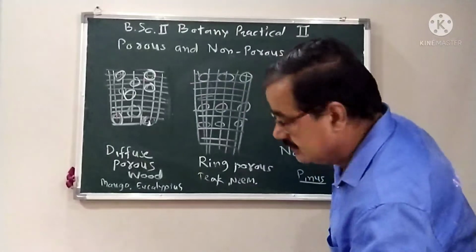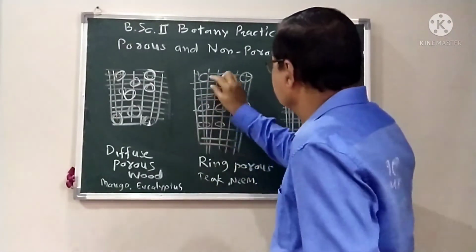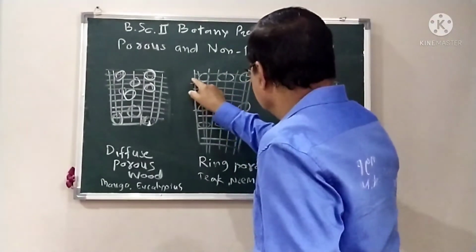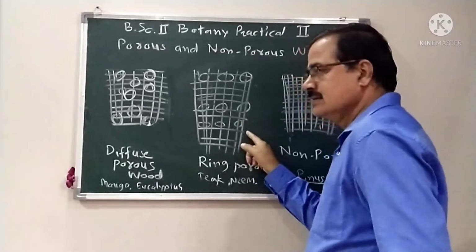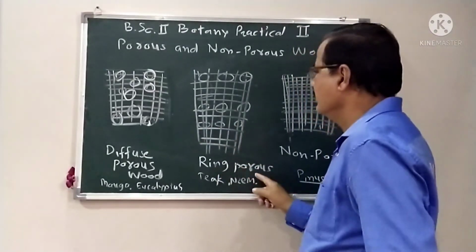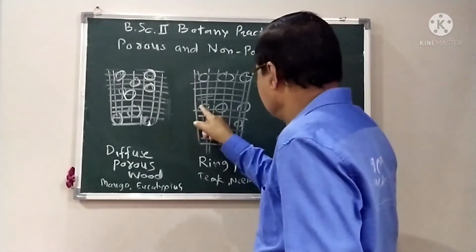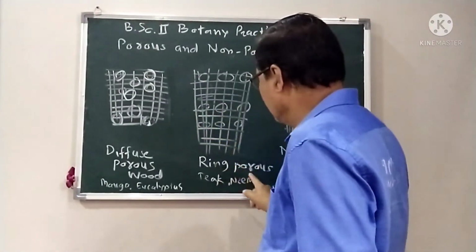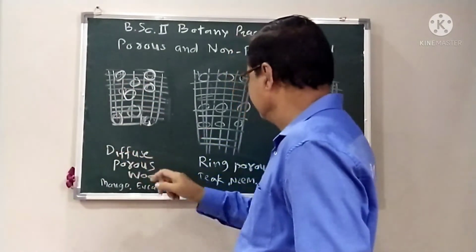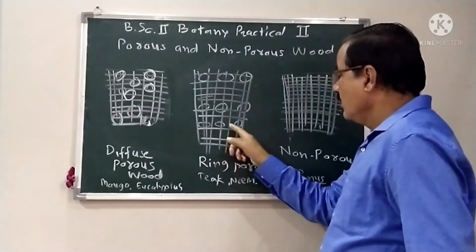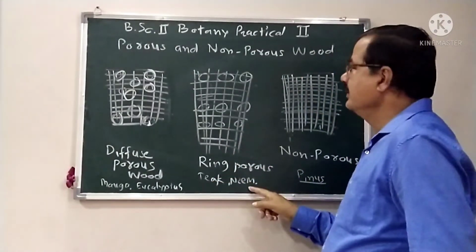Here the xylem vessels, smaller or larger, are arranged in a ring, and that is known as ring porous wood. The only difference is that in ring porous wood the xylem vessels are in a ring, while in diffuse porous wood they are scattered. It is found in teak and neem.